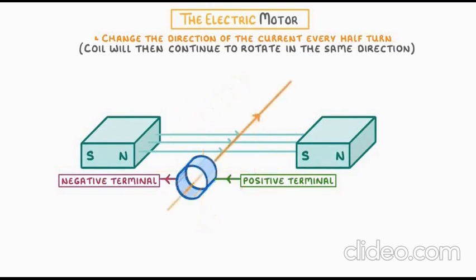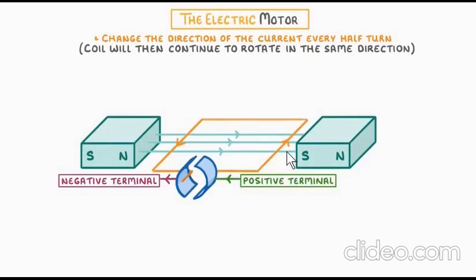Once it starts rotating, it will rotate with the split ring, and you can see that after the completion of 180 degree rotation, this side is no longer connected with negative, but is now connected to the positive terminal, right? In this way we have swapped the connection, and when the connections are swapped, of course the direction of current will also be changed.